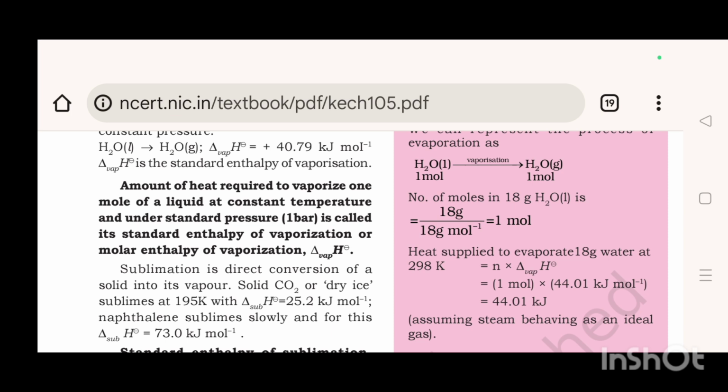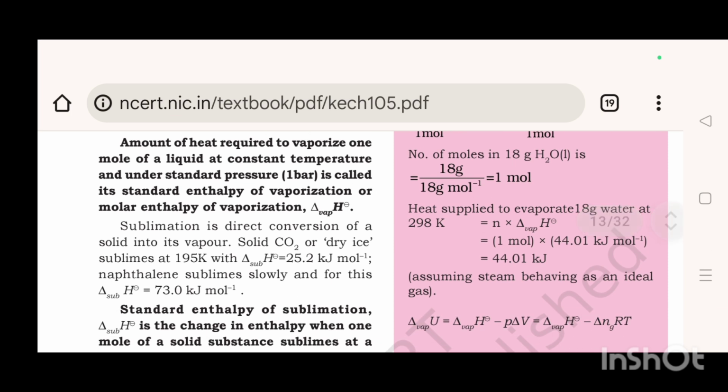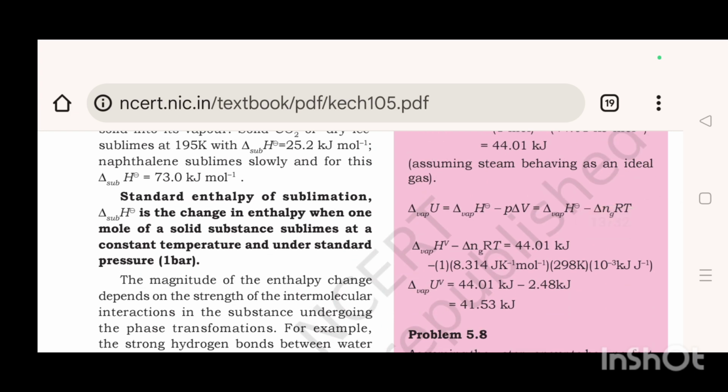Sublimation is the direct conversion of a solid into its vapor. Solid CO2 or dry ice sublimes at 195 Kelvin with delta sublimation H equal to 25.2 kilojoule per mole. Naphthalene sublimes slowly, and for this delta sublimation H is 73.0 kilojoule per mole. Standard enthalpy of sublimation is the change in enthalpy when 1 mole of a solid substance sublimes at a constant temperature and under standard pressure of 1 bar.